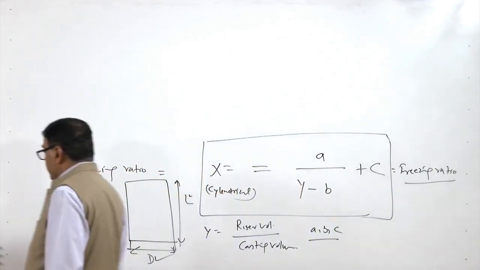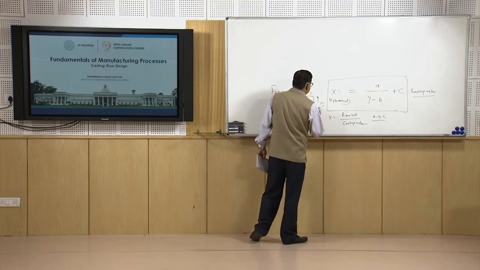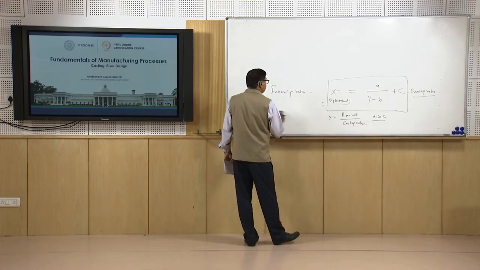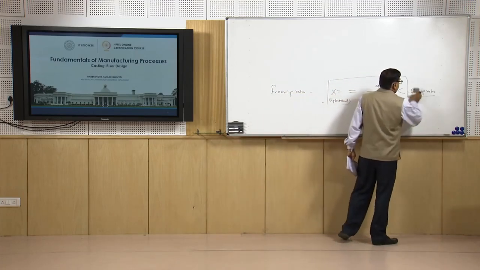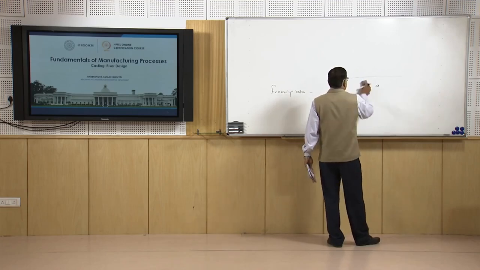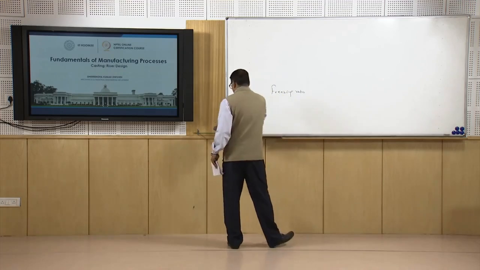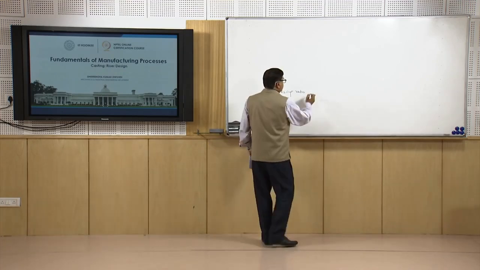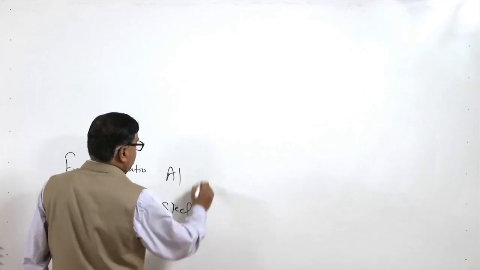People have identified the values of the constants through experimentation for designing the risers. Here I will be writing the values of the common constants used for designing risers for the common foundry metals, say aluminum, steel and cast iron.